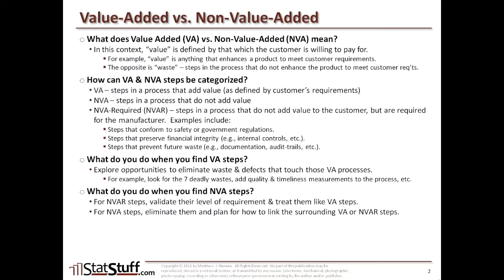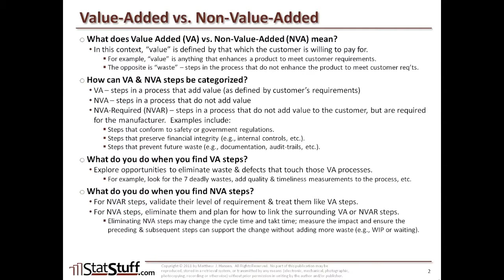But before you just eliminate them automatically, you need to first plan how you're going to connect whatever those surrounding value-added or non-value-added and required steps are, whatever it is that's surrounding that non-value-added step. So if you eliminate those steps, you've got to be careful that you don't change, or be aware of any change that might occur in the cycle time or the takt time. Because you're eliminating that step, the process may become faster.